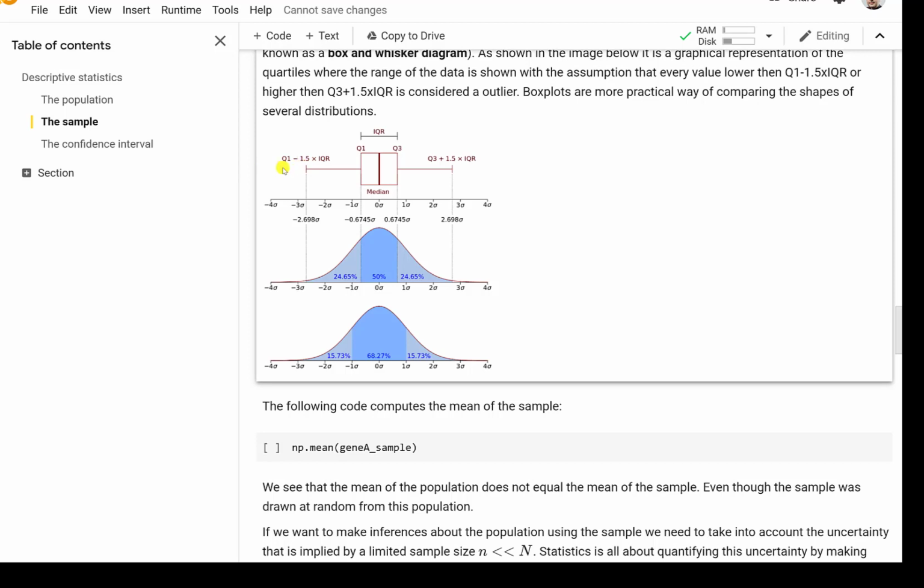We are not expected to see that under normal distribution examples. The box plot would show this for your random variable, and it might also show some points here, which are the points considered outliers based on this formula.